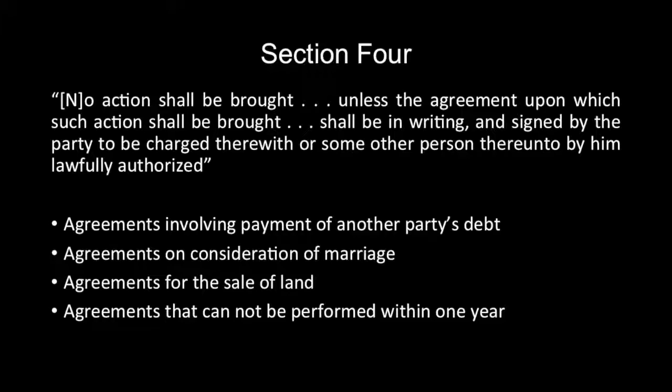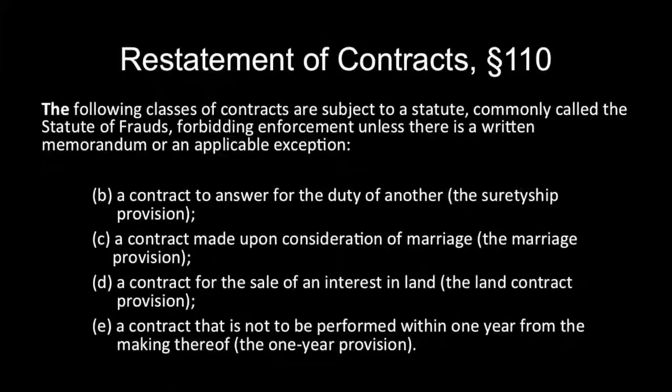For certain types of actions, these included suing one for agreeing and failing to pay another's debts, suing for violation of agreements made on consideration of marriage, suing on agreements for the sale of land, and suing on agreements that could not be performed within a year. Section 4 has been widely imitated since then, as the Restatement Second of Contracts, Section 110 makes clear. And you can see here basically the same provisions appearing almost word for word.